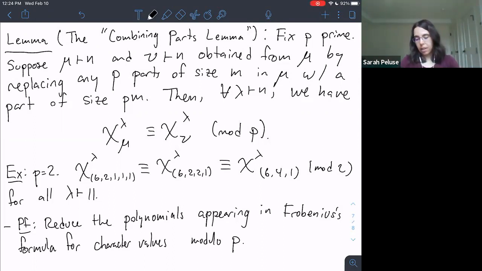And you see that the polynomials in Frobenius's formula for computing the character values for mu and nu are just congruent mod p. And then this shows that the character values themselves are congruent mod p. So now with these two lemmas, I can describe to you the overarching strategy of the proofs.